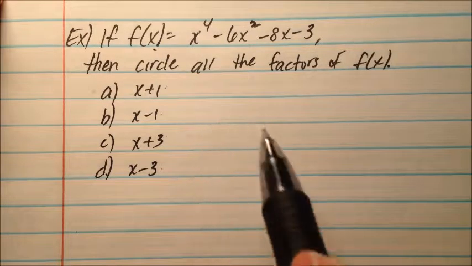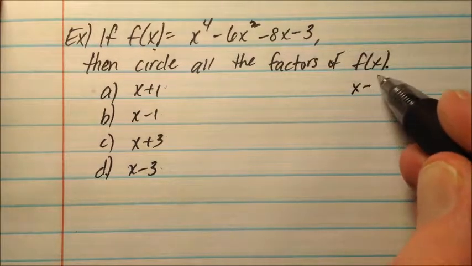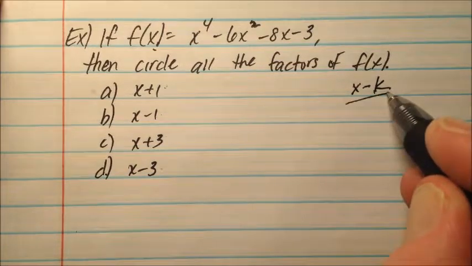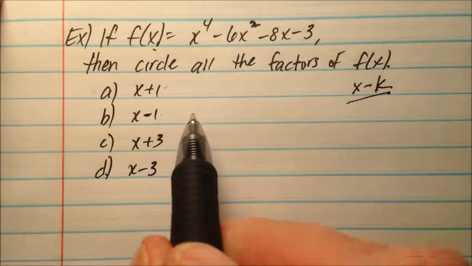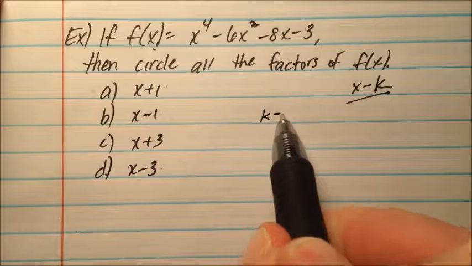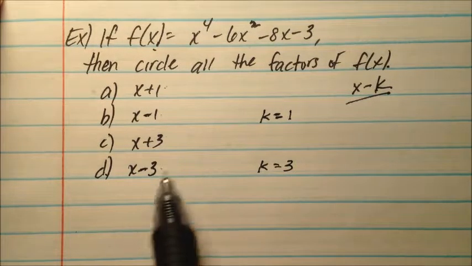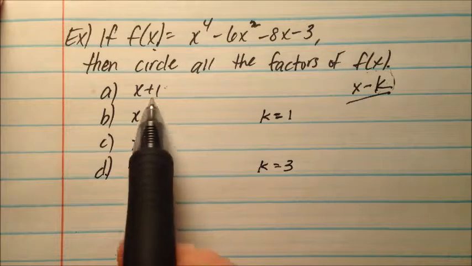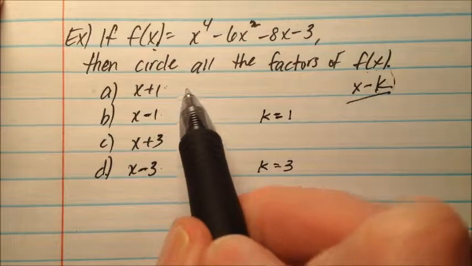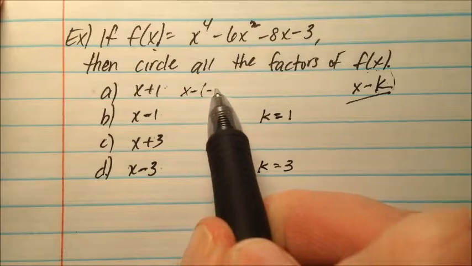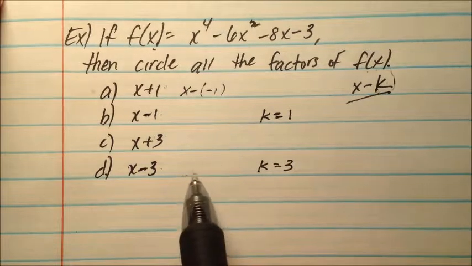So let's get the k value in each instance. So we know my binomial needs to be x minus k. So here's a minus, so I know automatically this one k value is 1. And here's a minus, so this k value is 3, just straight from this form. But these are pluses here, so I know it's x minus a negative 1, that's what gave me that plus.